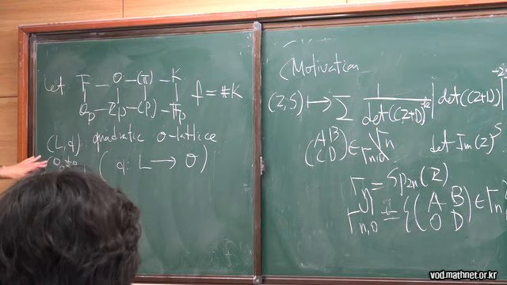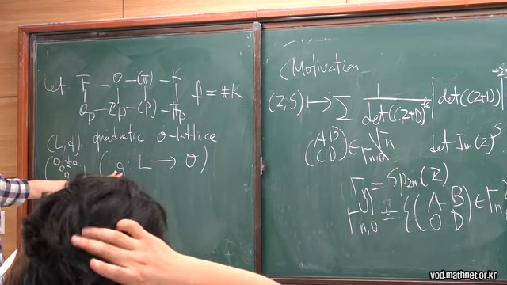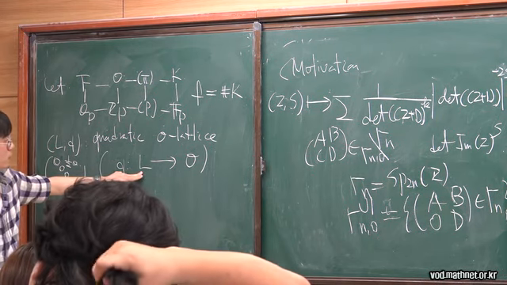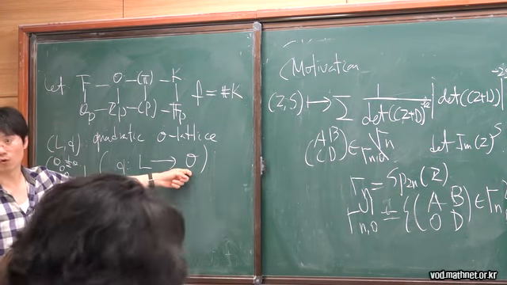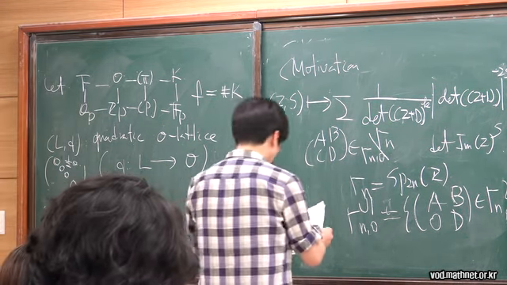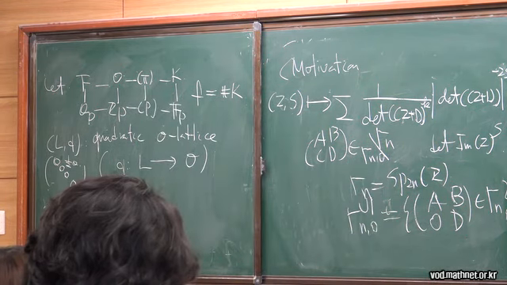Because what I need is that this is a homogeneous quadratic polynomial defined on L whose values are in O.